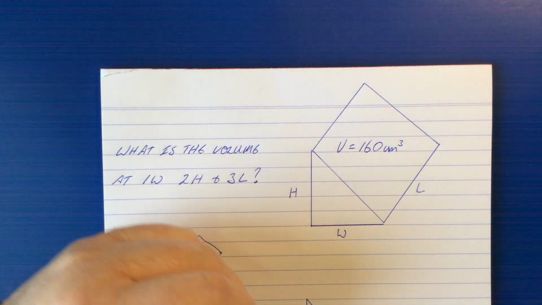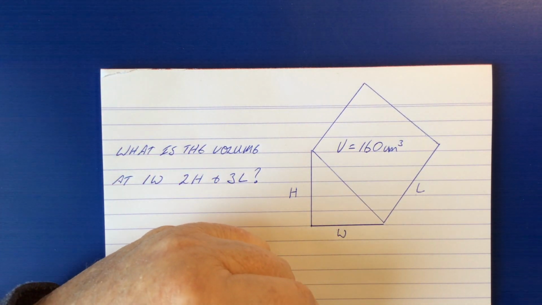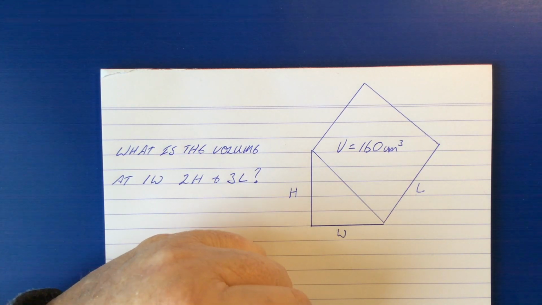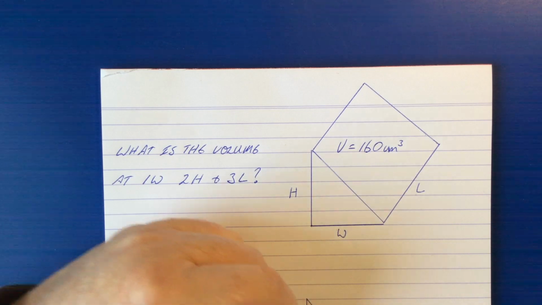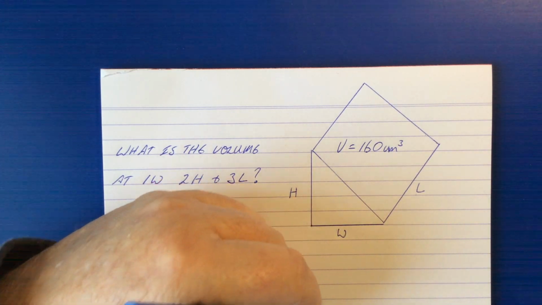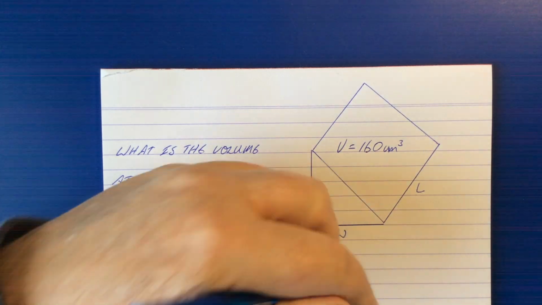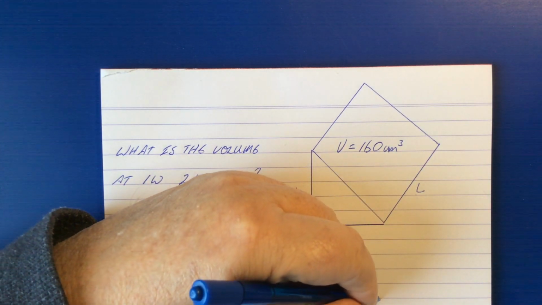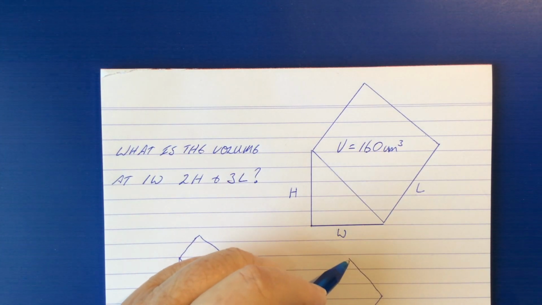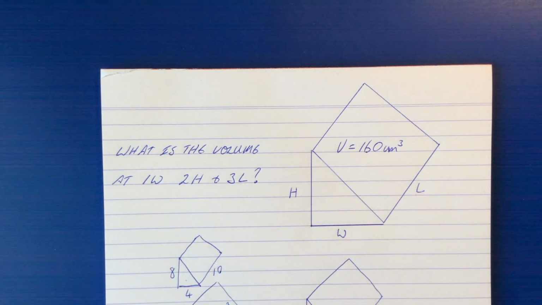Now this is wildly out of scale, so we'll say that that's 2 and that's 10. So that gives me 10 here, and we'll make this 16. So that's going to give me 160 cubic centimeters.